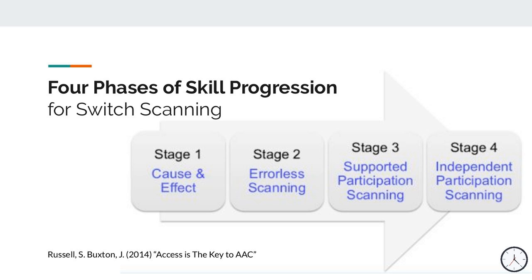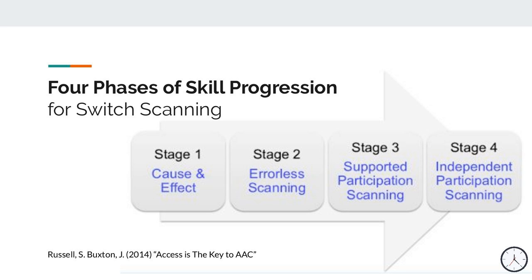Errorless scanning can also be set up in a way that the option that's not intended is just not able to be selected. And so the student has to scan, scan, scan until they get to the one that is designated as correct. So it can look a couple different ways.